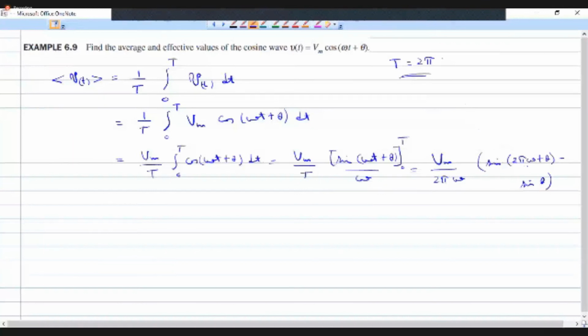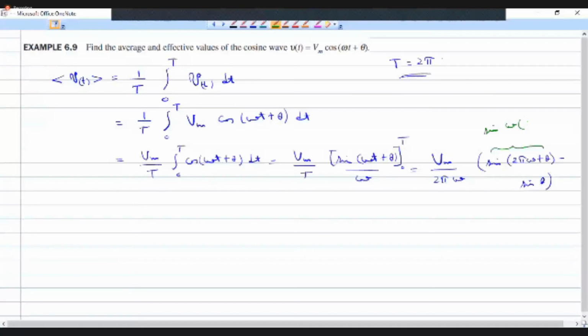So what is this thing? If I take out omega, so that will be theta plus 2 pi, right?